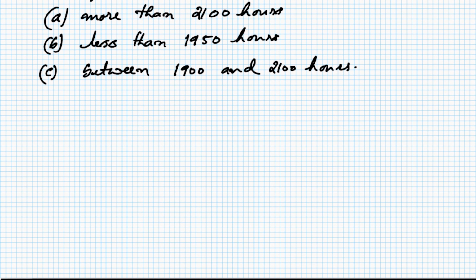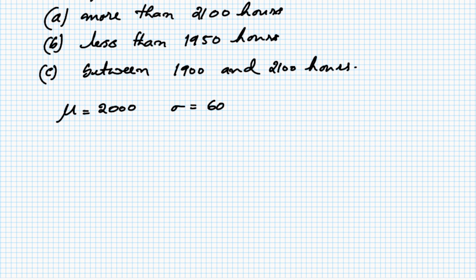Okay, what is given, I'll quickly write. The mean value is given as 2000, and the sigma value is 60 hours. The lifetime of a bulb is the variable here.